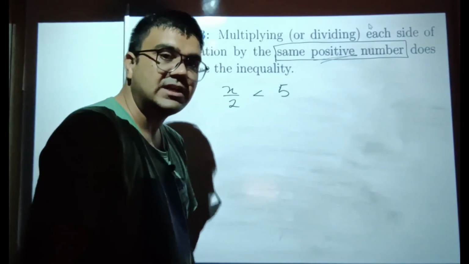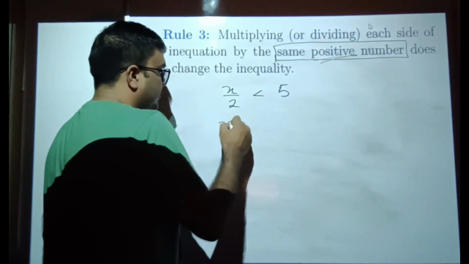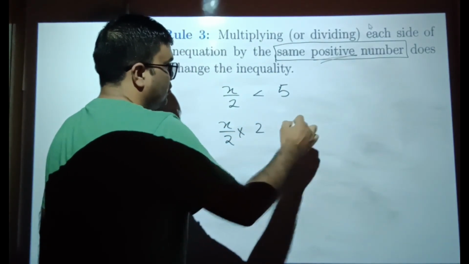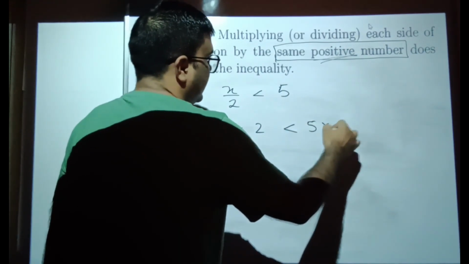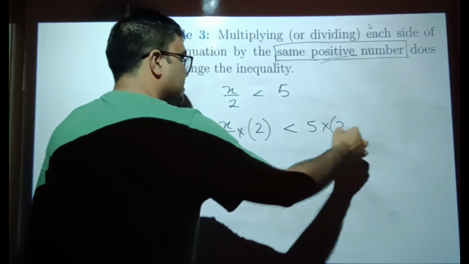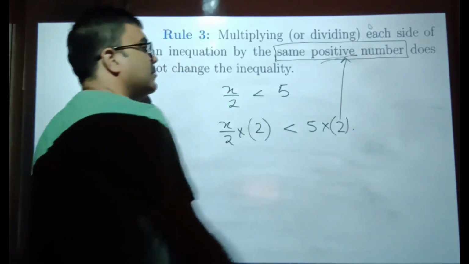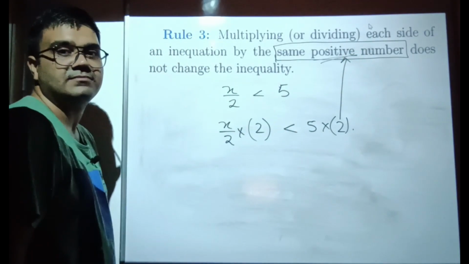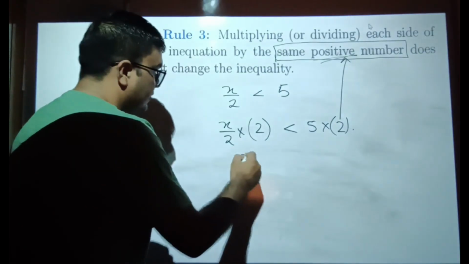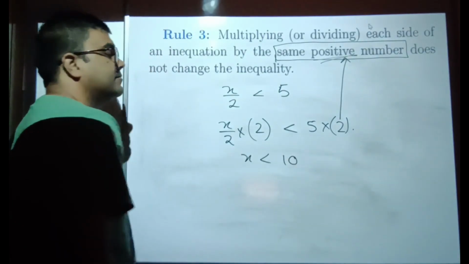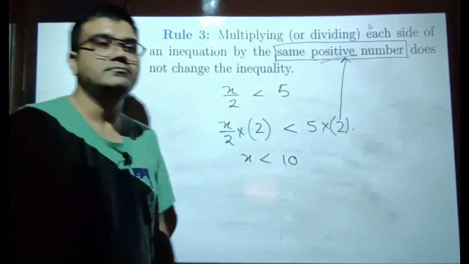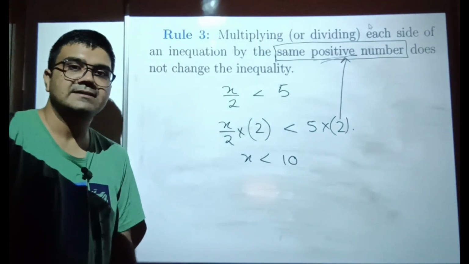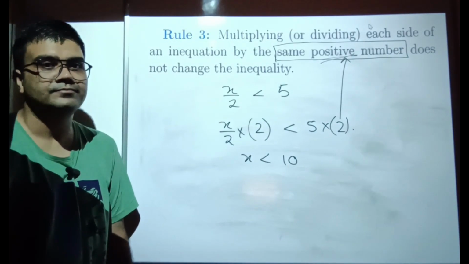I multiply both sides of this inequality by 2: x by 2 into 2, 5 into 2. Clearly this number 2 is a positive number. The inequality will not change. The inequality will remain the same. We will obtain x is less than 10.